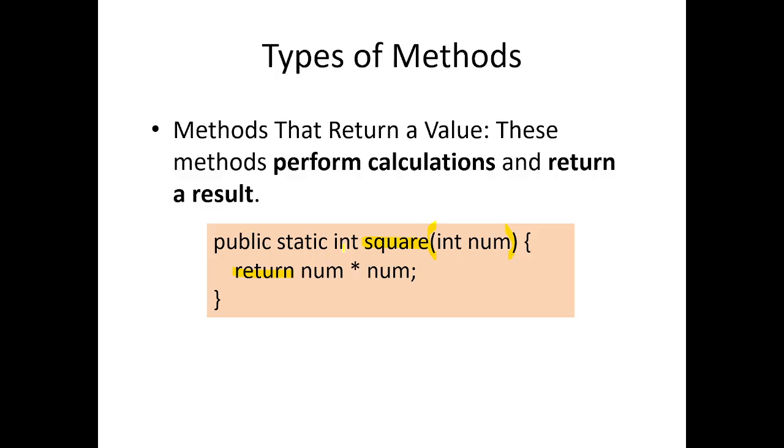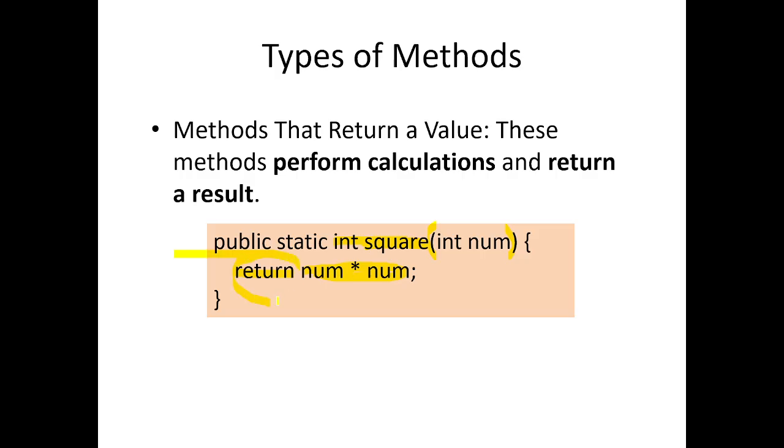In this method we have public static int square. Basically this is your method's name. Then in the body of this square method we have the code return num times num. This involves arithmetic operations, because it consists of multiplication.